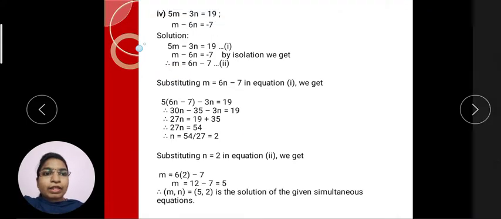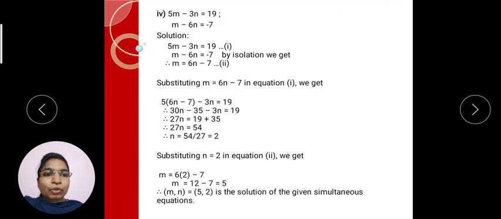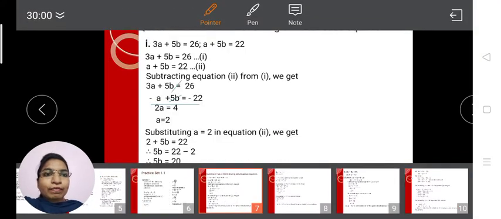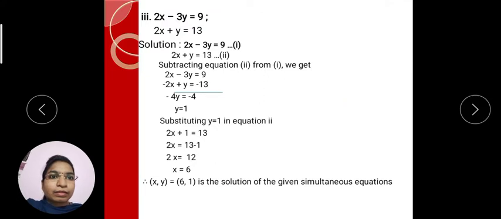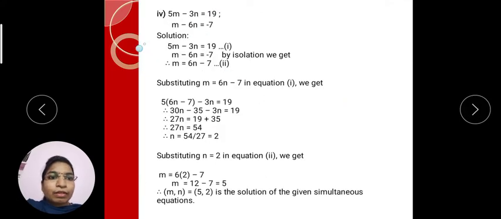What is the value of n? n is equal to 2. 6 twos are 12 minus 7, and therefore m is equal to 12 minus 7, that is 5. m comma n is equal to 5 comma 2 is the solution of the given simultaneous equation.